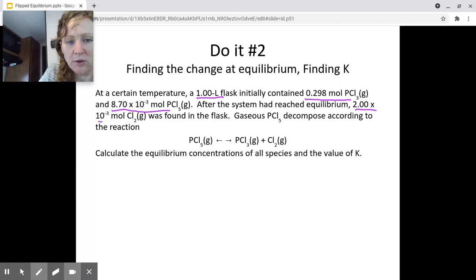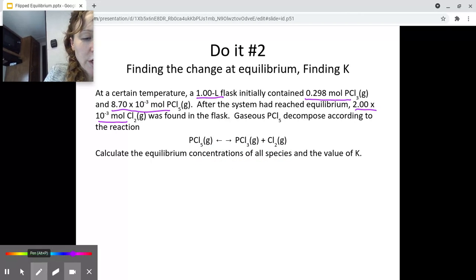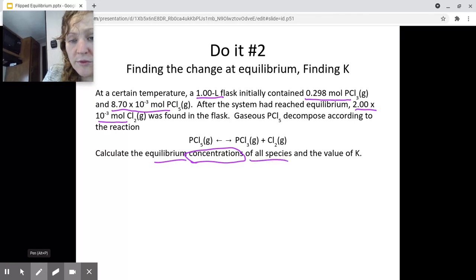This many moles of Cl2 was found in the flask. Gaseous PCl5 decomposes according to the reaction. Calculate equilibrium concentrations of all species. So we're looking for equilibrium concentration for all species and the value of K.